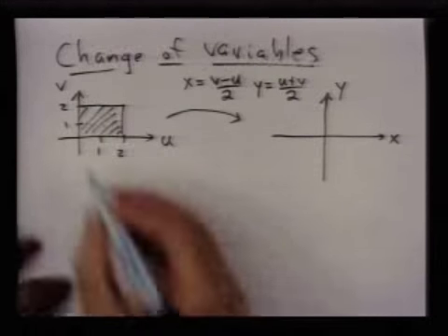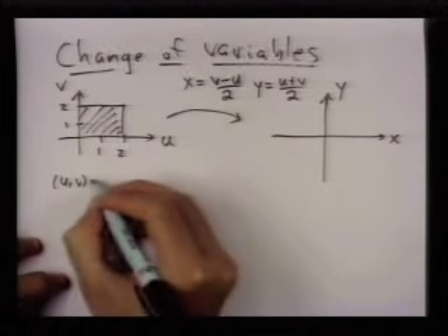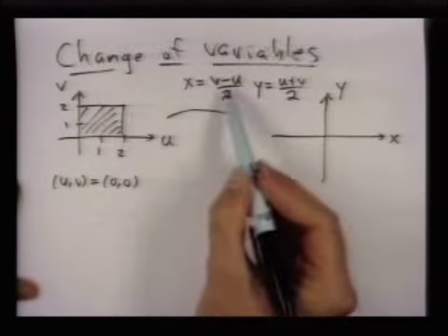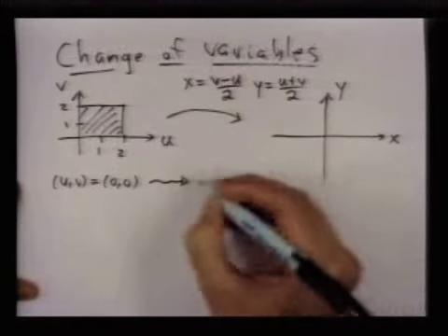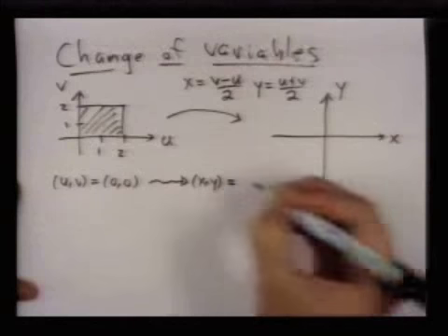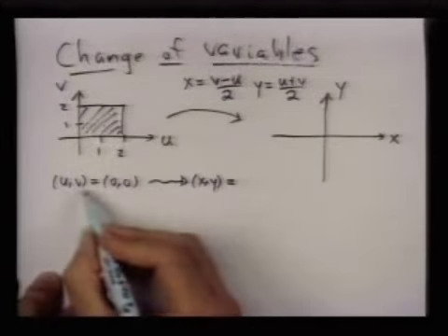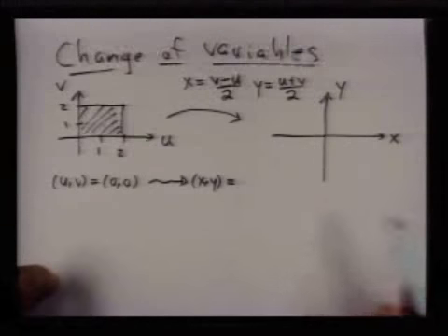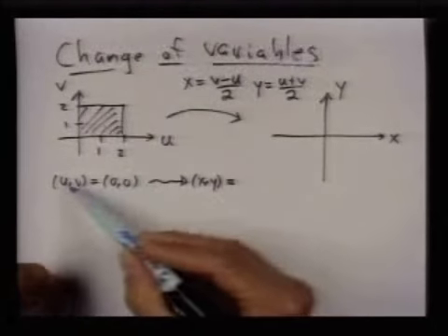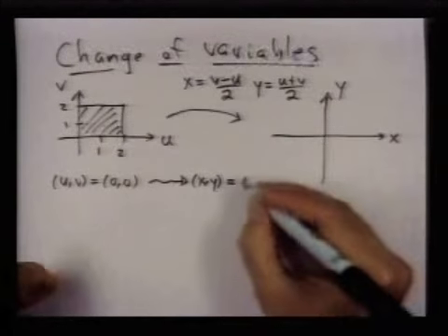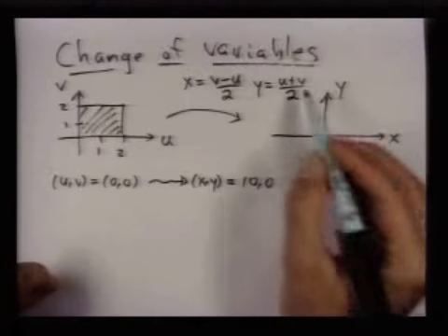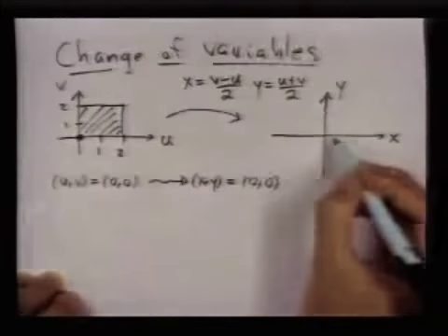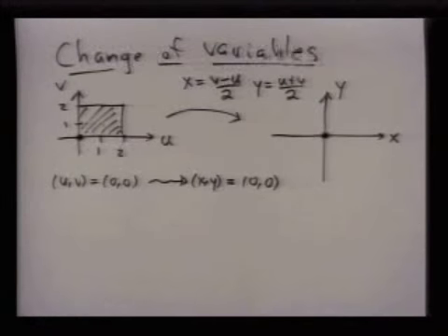For example, if I start at the uv point 0, 0 and plug that in, I'm turning the point 0, 0 into some other point in the xy plane. If u and v are both 0, you get (0 minus 0) over 2 and (0 plus 0) over 2. So this point gets turned into this point on the xy plane.